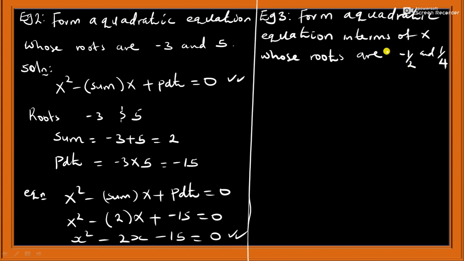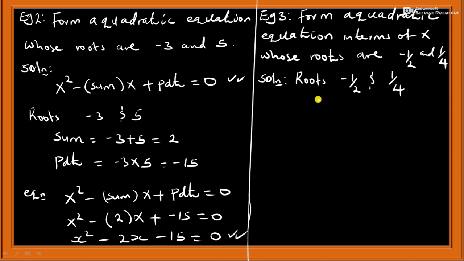Form a quadratic equation whose roots are negative a half and a quarter. So in our solution, we say that these are the roots already. The roots are negative a half and a quarter.